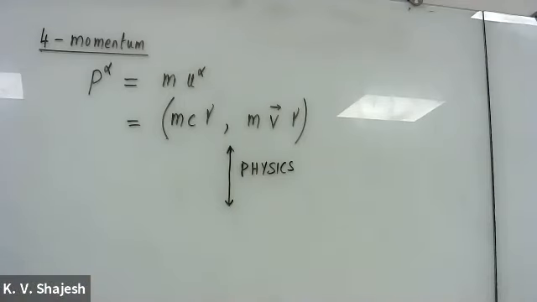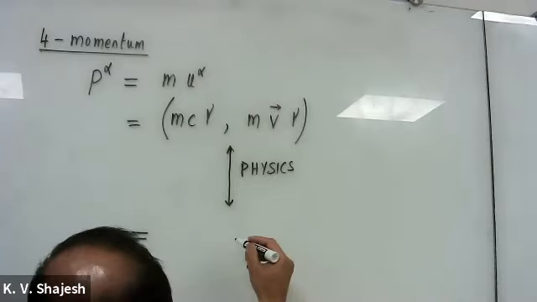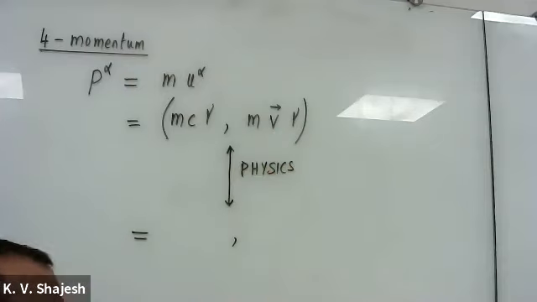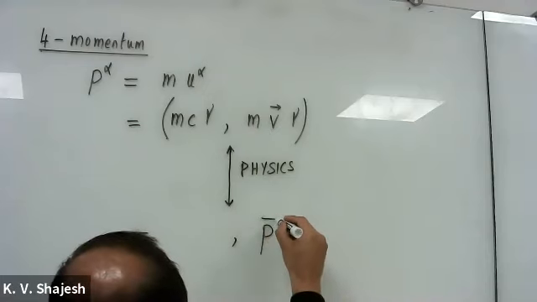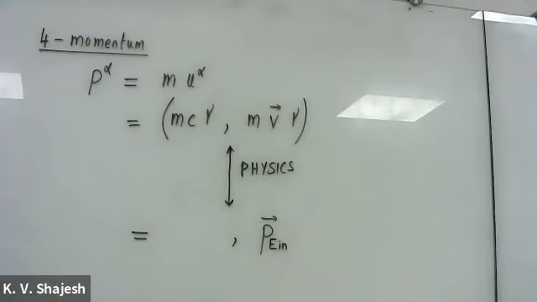Okay, that's what Einstein did. He saw this observation. He said that this is actually momentum. Remember that we define momentum as mass times velocity in Newtonian physics, but Einstein said this is P, not the Newtonian momentum.